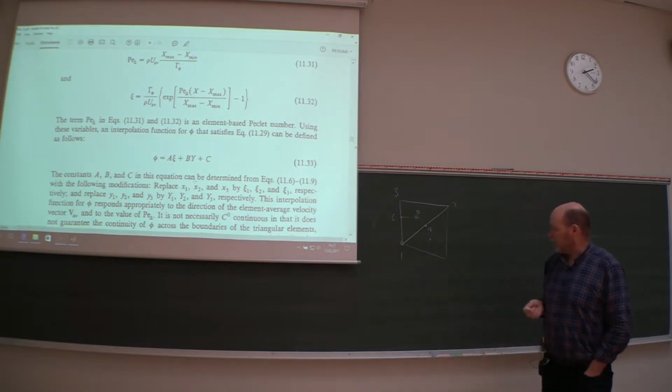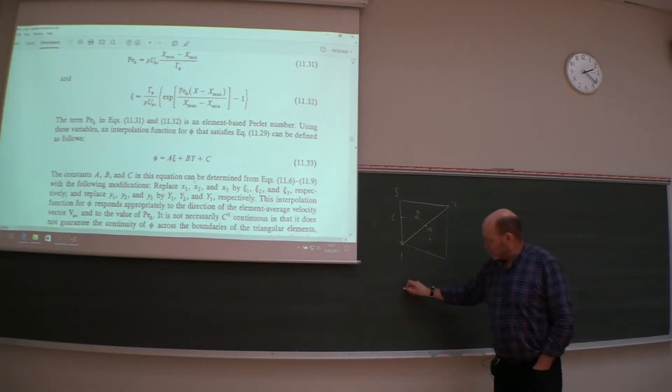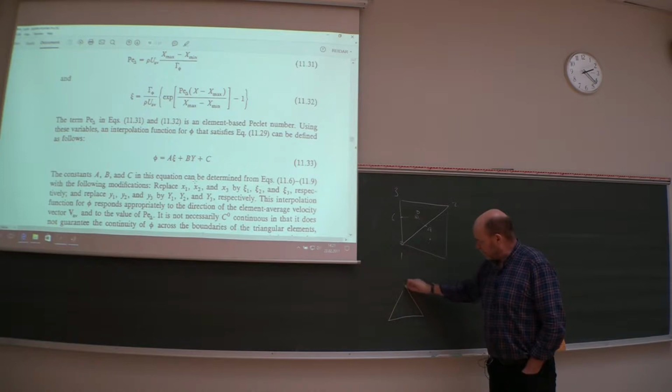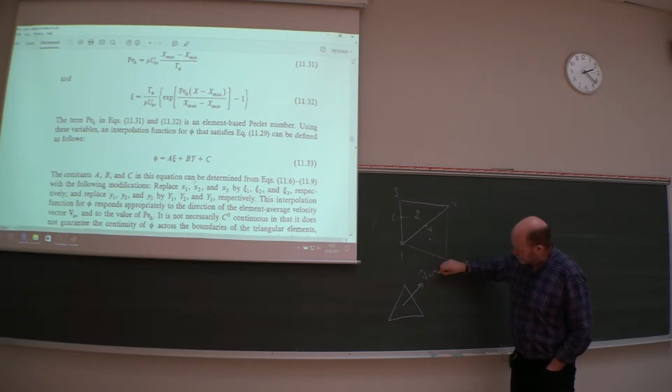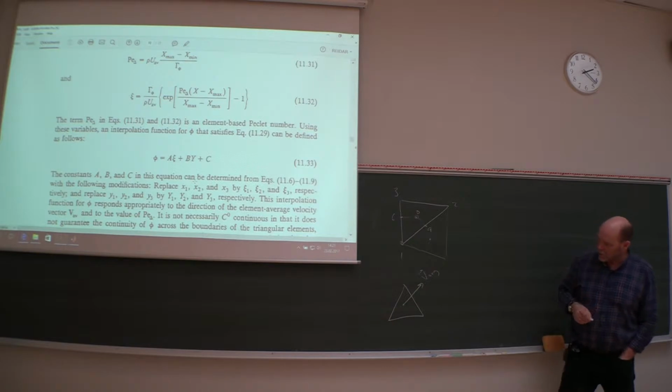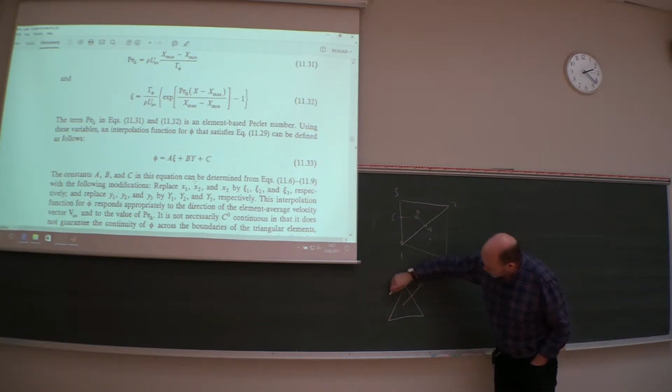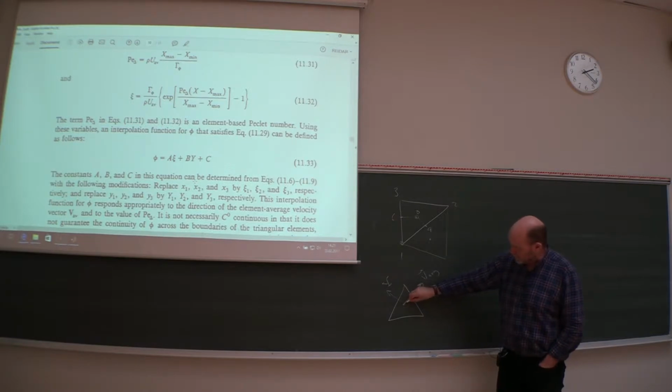Remember, for one single triangle you have the average velocity here, say in this direction, v vector average, and then you created your coordinate system something like this. That was the big y direction, and up here was the big x direction.